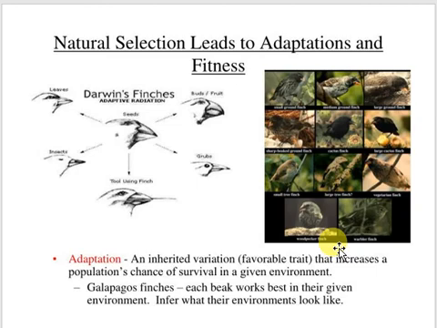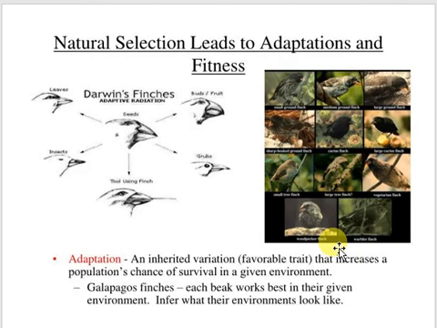Entwined with this, when we talk about survivability, backing up, when we talk about natural selection, you oftentimes hear people throw that line, survival of the fittest. When we talk about the fittest, the most fit or best suited for their environment, that's referring to fitness.